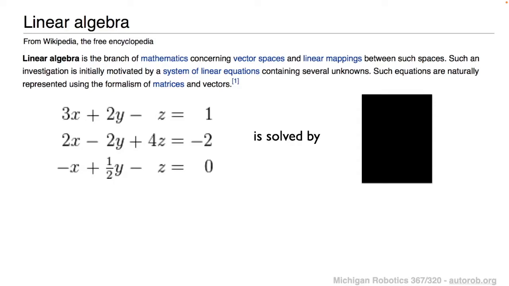In this case, we have three unknown variables, each one being multiplied by some scalar: 3 times x, 2 times y, negative 1 times z. And then the summation of those scalar multiples is equated to this value 1. Whenever we say a linear equation or a linear system of equations, we're talking about equations that follow that basic form.